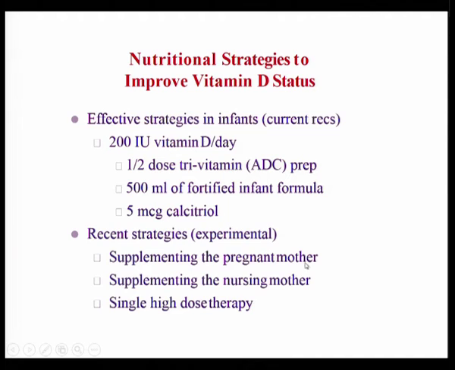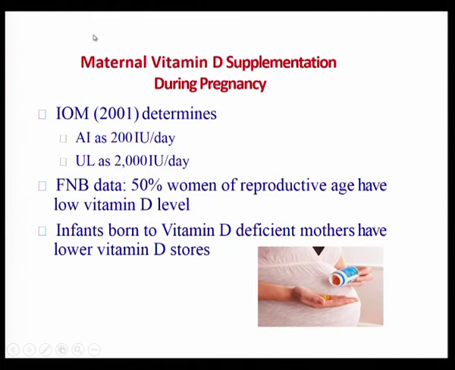In such cases we can start with a loading dose, giving a sufficient amount of vitamin D, and then put them on maintenance. Here the international agency IOM recommends 200 international units per day, and they say 50% of women of reproductive age have low vitamin D. Generally speaking, folic acid deficiency would also be very high for pregnant women, because there is a sudden surge in the demand for folic acid, and it is made mandatory for them to take folic acid and iron supplements.